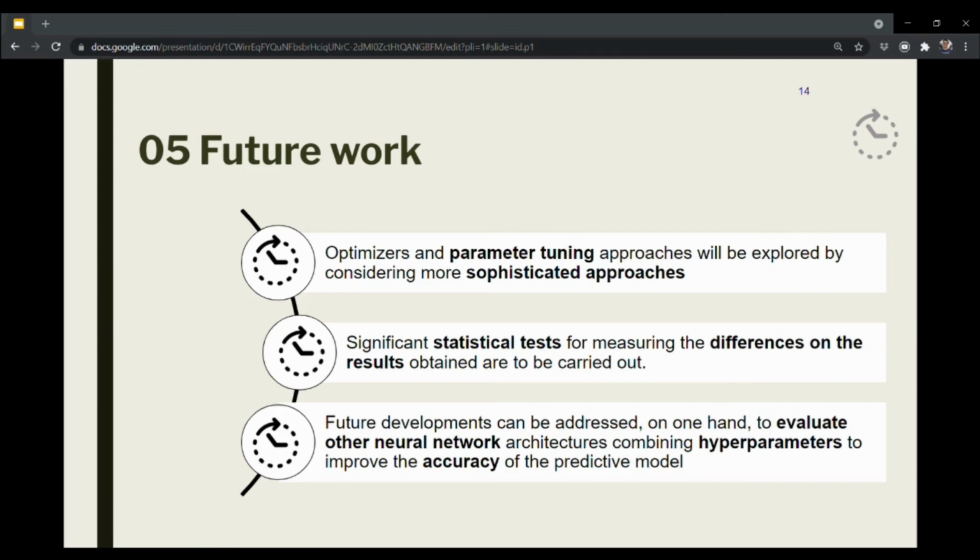More suitable optimizers and parameter tuning approaches will be explored by considering more sophisticated techniques. Also, significant statistical tests for measuring the differences of the results obtained are to be carried out. Future developments can be addressed, on one hand, to evaluate other neural network architectures combining hyperparameters to improve the accuracy.